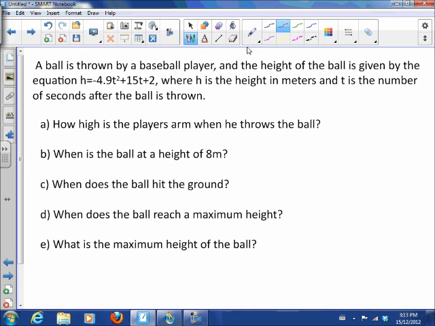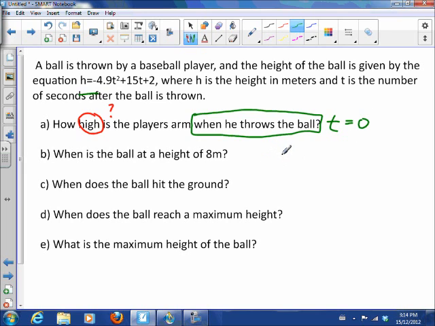So here, the question is, how high is the player's arm? That's what we're being asked. And when he throws the ball, this is the time. Right when he lets go of the ball, t represents the number of seconds after the ball is thrown, so right when he throws the ball, t is equal to 0, because no seconds have passed.